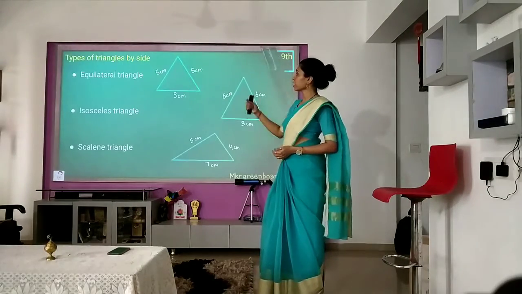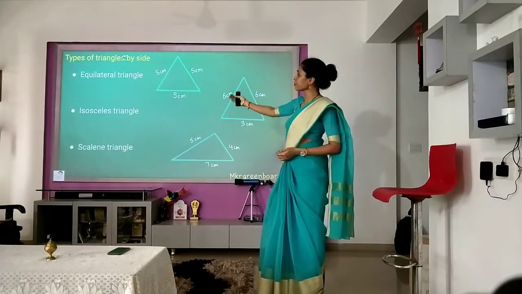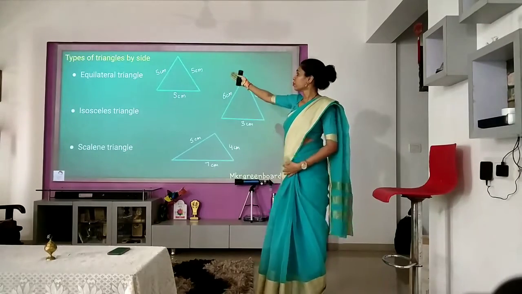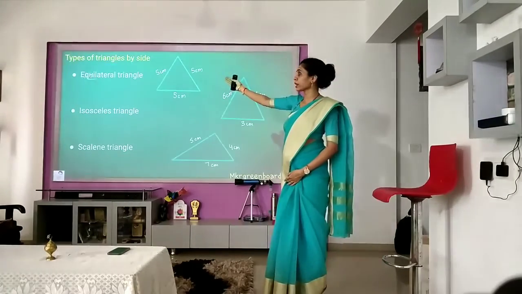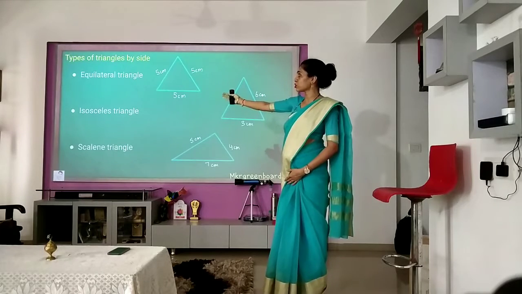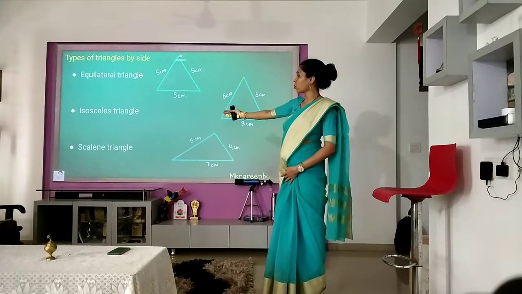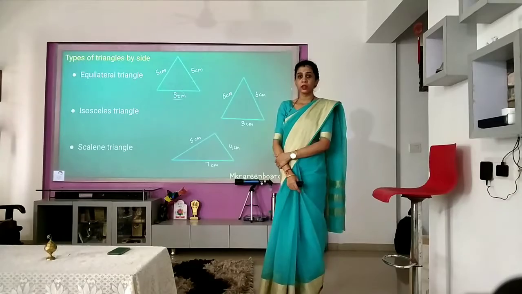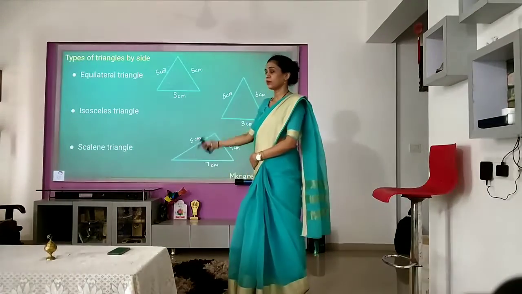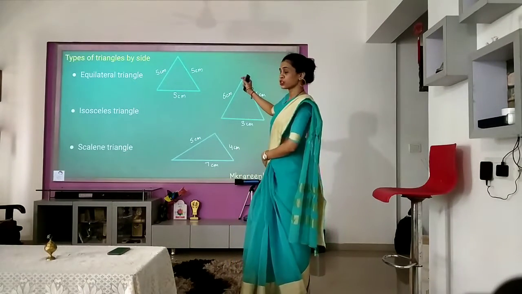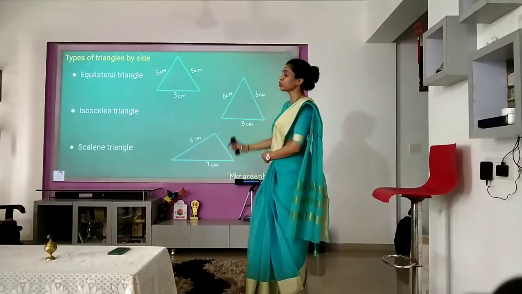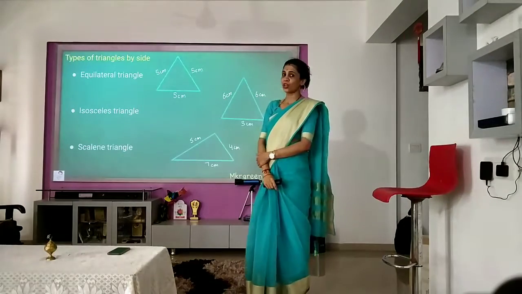If we are considering sides, they can be classified into 3 parts. First one is equilateral triangles, second one is isosceles triangles, and the third one is scalene triangles. The respective diagrams for each kind of triangle are drawn here.